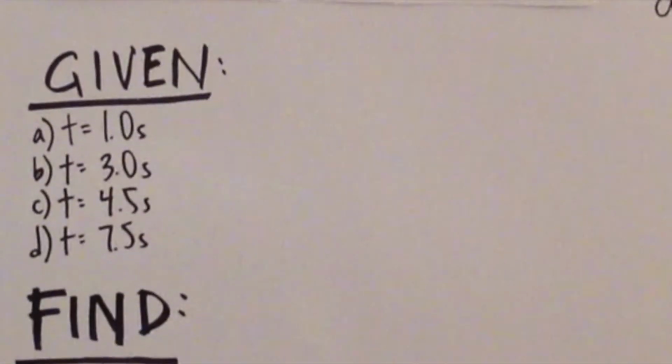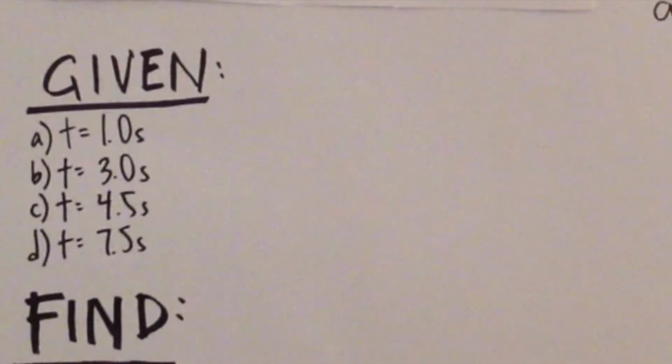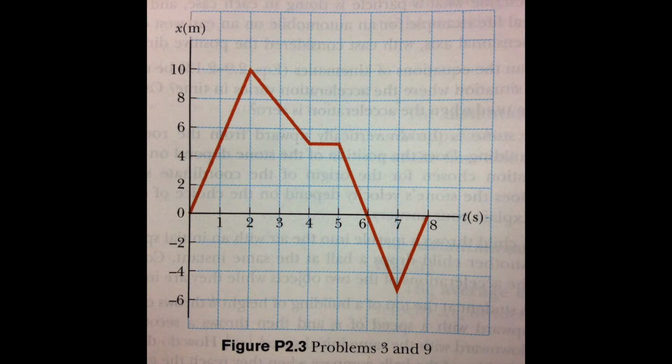Now let's take a look at D at 7.5 seconds. We see on the graph that the initial distance is at negative 5 meters, while the final distance is at 0 meters. We can plug this into our equation.